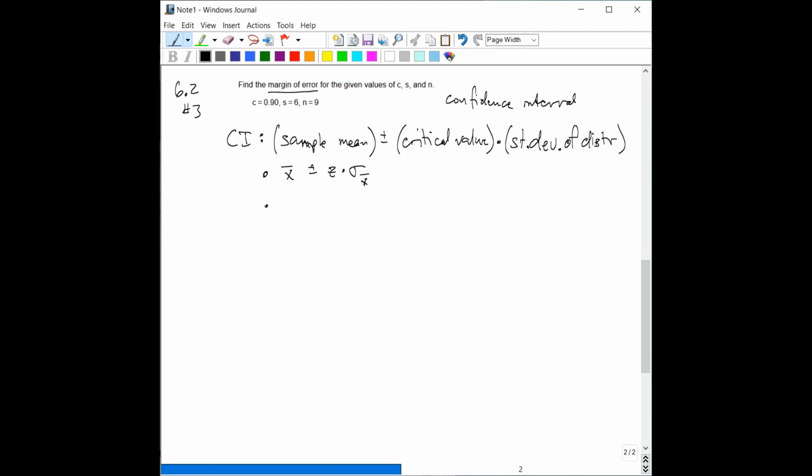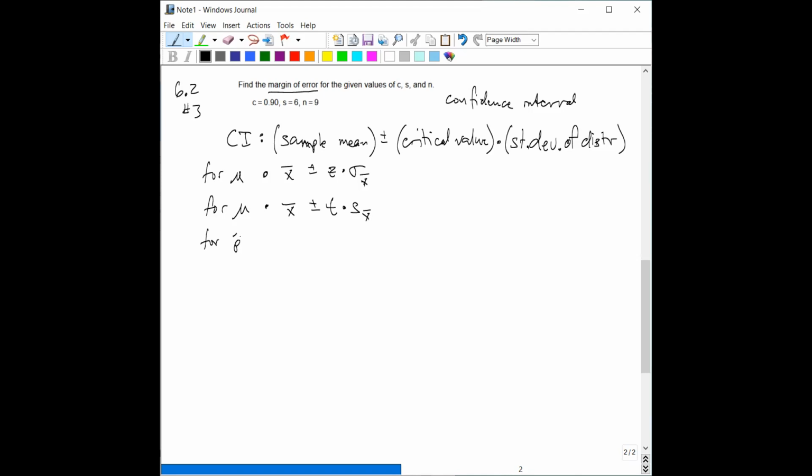Another version is a confidence interval for mu, but if you do not have sigma, then you're going to be working with the t distribution, and that would be S for x bar.